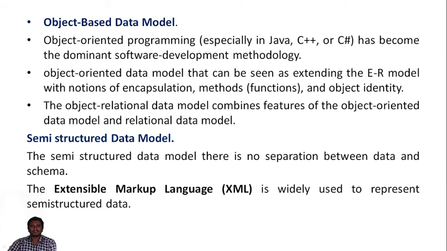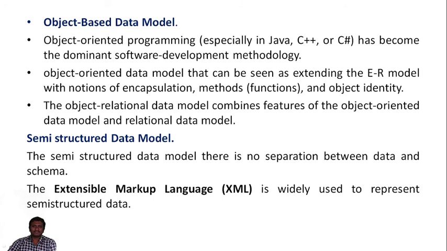Next, we are going to discuss what the object-based data model is. Object-oriented programming, such as Java, C++, and C#.NET, has become dominant in software development methodology. The object-oriented data model can be seen as extending the ER model with the notion of encapsulation, methods, and object identity.